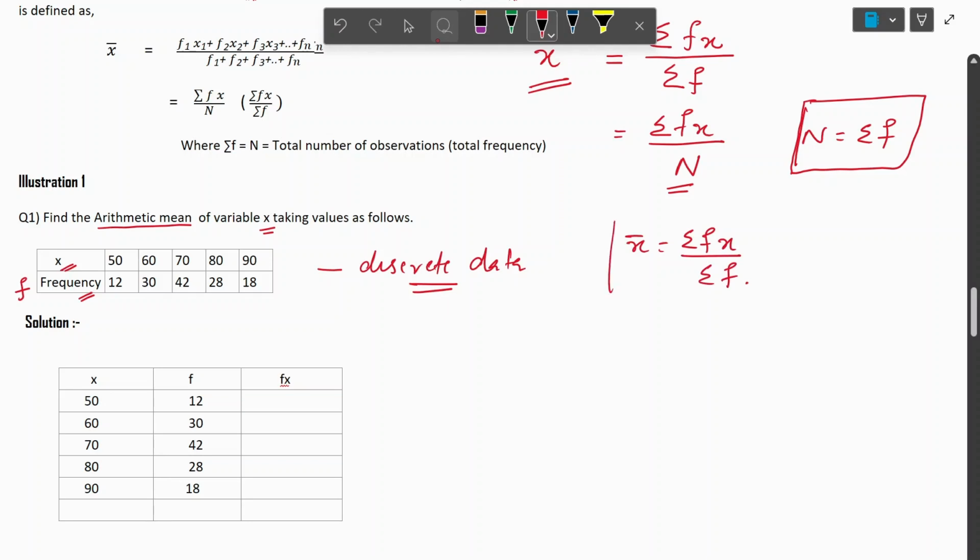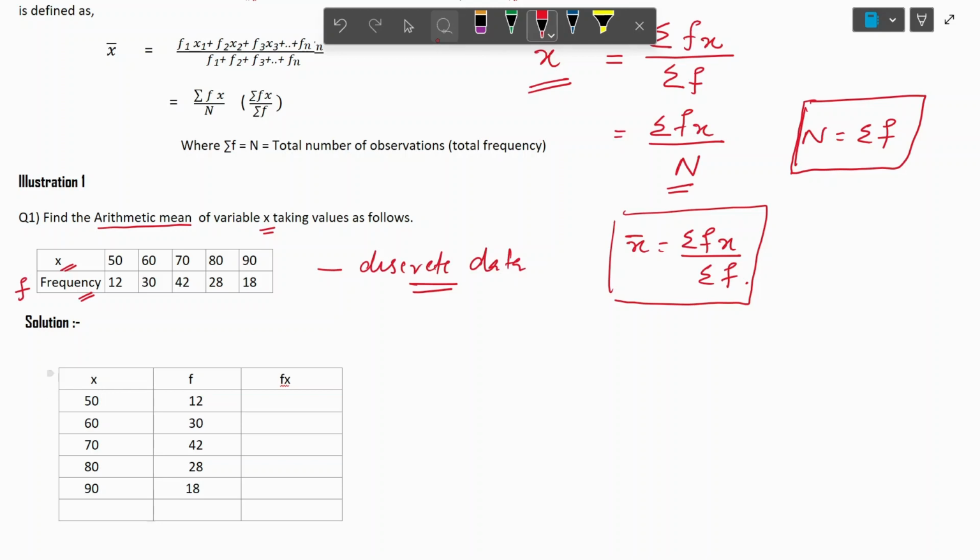Now for solving this, what is step number 1? In step number 1, you will make a table. The table consists of 3 columns. I have already constructed that table and we are going to solve it. The first 2 columns are your question only. In most statistical sums where we use a table, the first 2 columns are always the question.